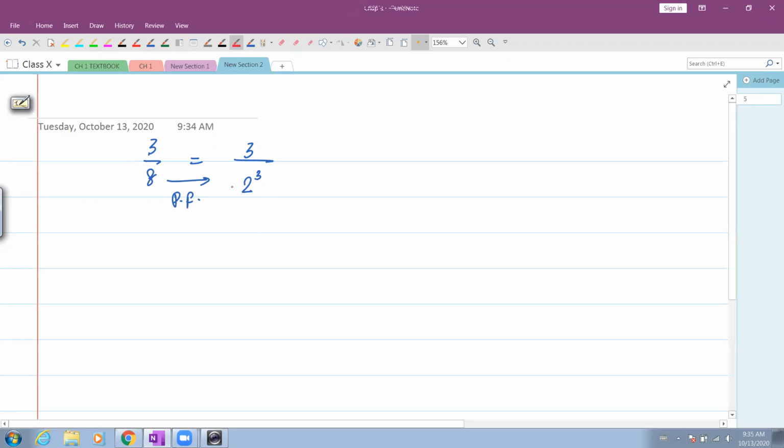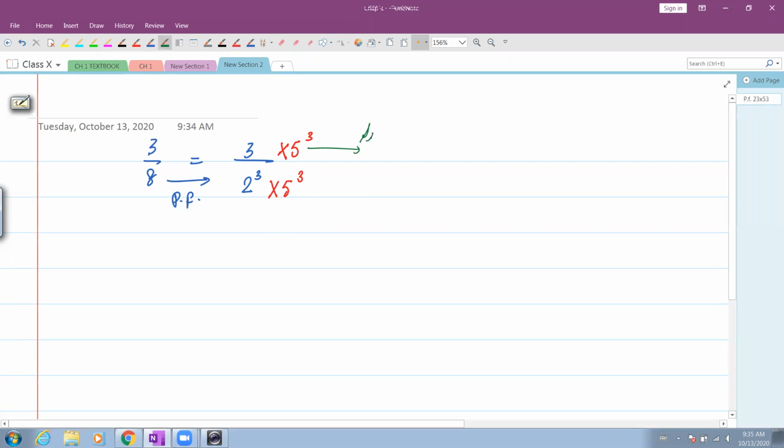And then you have 2 raised to the power 3. Try to complete it and make exponent of 10. And to make exponent of 10, I require 5 cube. So I multiplied the numerator and denominator both with 5 raised to the power cube.